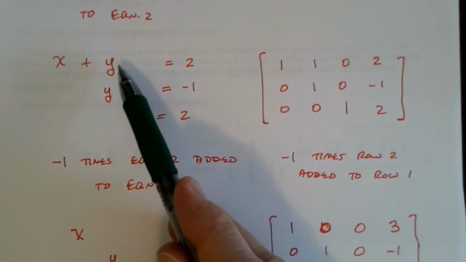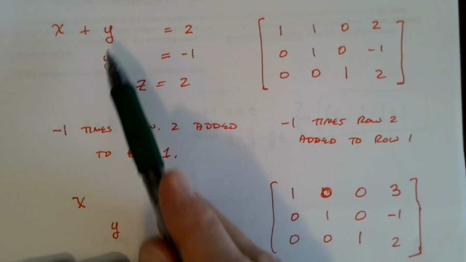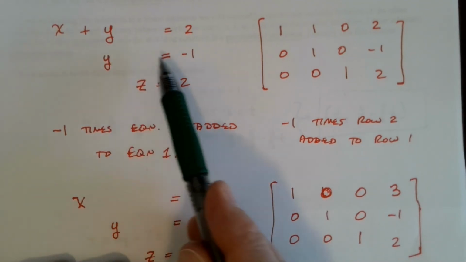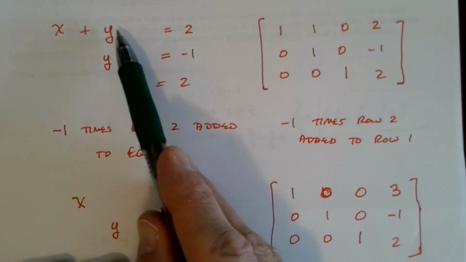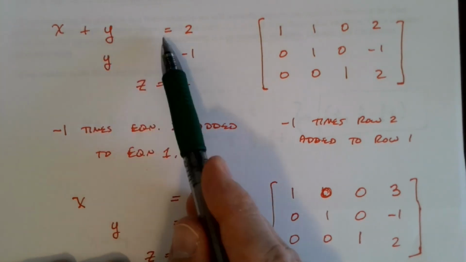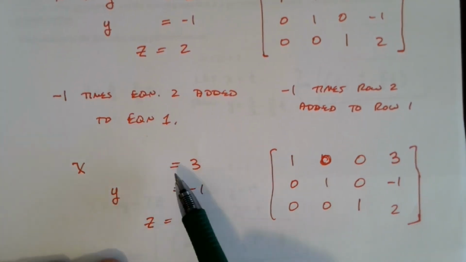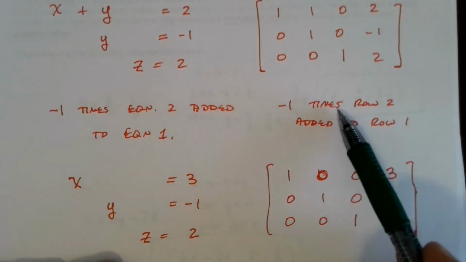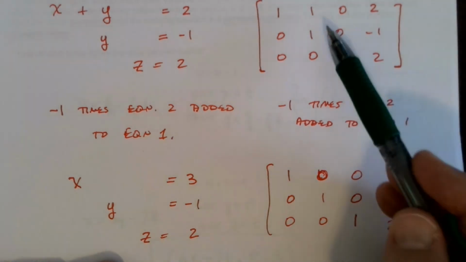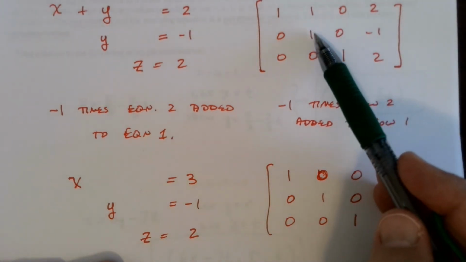I can also eliminate this y by adding -1 times row 2, where this is 1y, to row 1, and that will get rid of this y here, and I'll have x all solved by itself. And when I do that, I get this. Similarly, -1 times row 2 added to row 1.